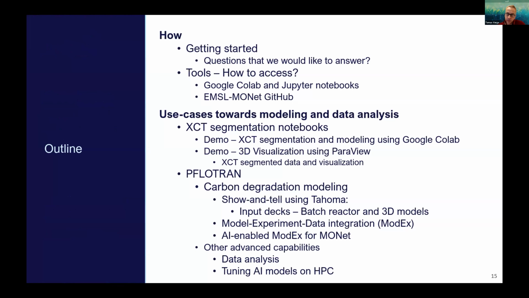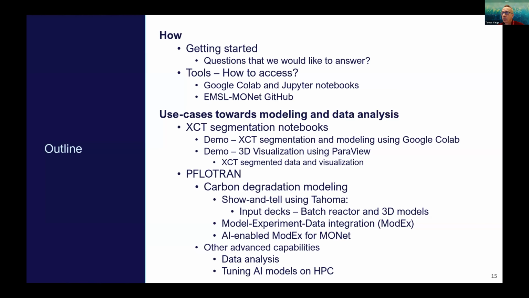We use Aviso for that in the MONet project, but the data can also be segmented using other tools, and he showed an example of how to do that segmentation using Google Colab, and then using, instead of Aviso, a freely available visualization tool, ParaView, to show the segmentation in 3D. Then he showed how the data can be input into PFlowTran for physical flow modeling, and he mentioned some applications of that.